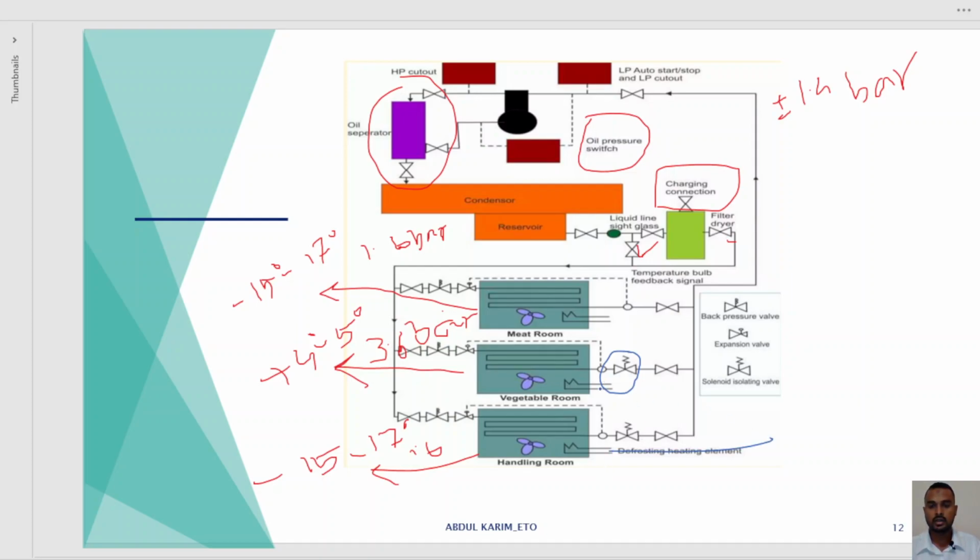This is a heating coil, and that is a heating coil. That is also a heating coil. We use the heating coil to defrost the evaporator chamber, as it is located in an enclosed region. So it will be iced after a time interval, so it needs to be heated up so that the ice can melt.